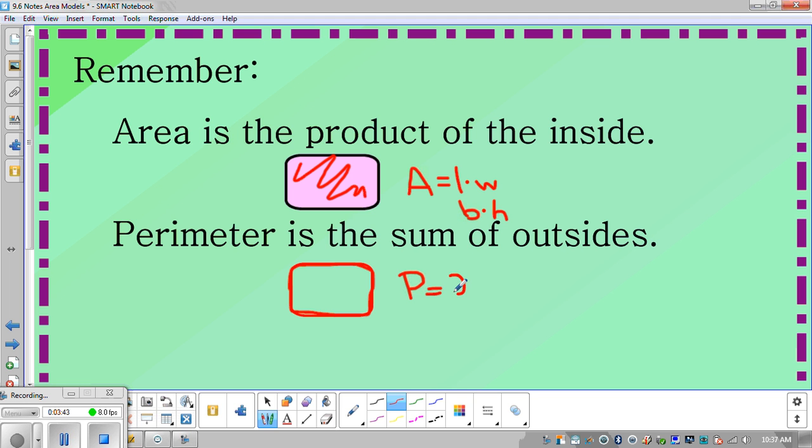So we could technically say we have 2 lengths plus we have a width right here and a width right here. So technically, if we want to get fancy, we can say the perimeter formula is 2 lengths plus 2 widths. The definition you generally know is perimeter means add up all the sides. So please take a moment to draw those visuals and examples into your notes. When you're ready, move on.